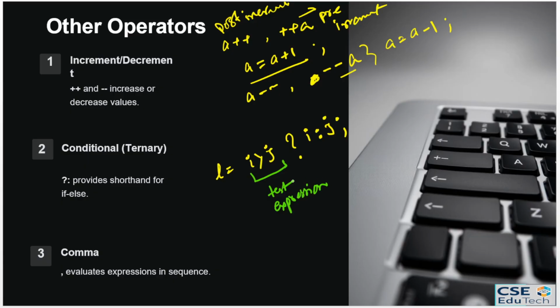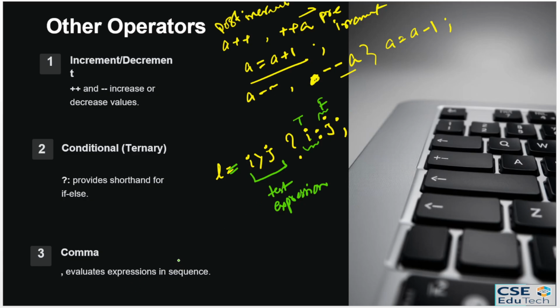Now this test expression may be true or false. If the test expression is true, then I will be assigned to L. But if the condition is false, then J will be assigned to L. So this is the ternary operator.